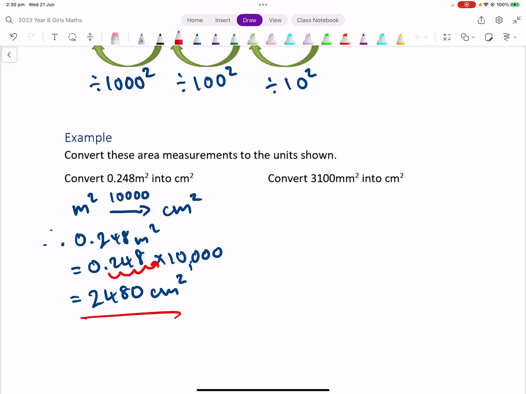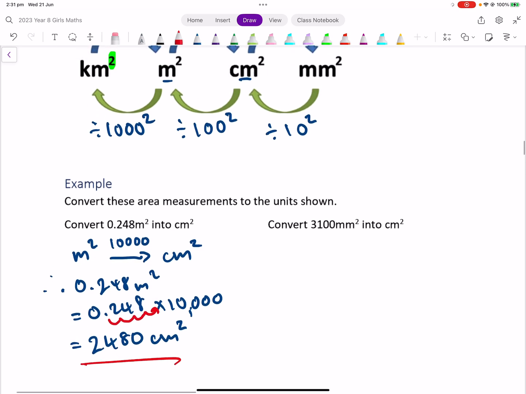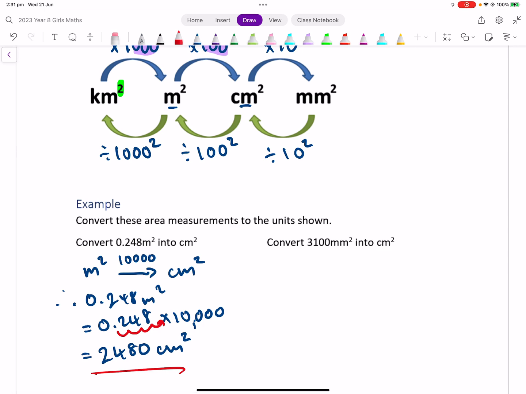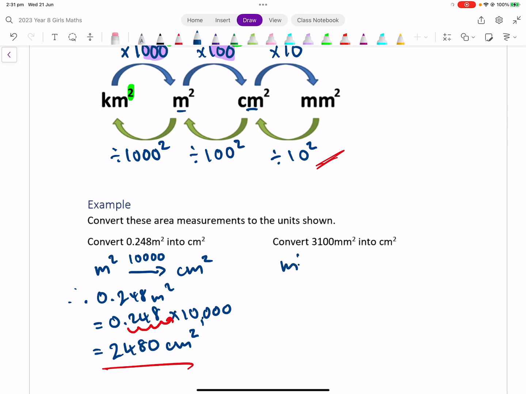Let's do another one. Convert 3,100 millimetres squared into centimetres squared. All right, let's look at our diagram. Where do we get millimetres squared? It's the bottom right. It's this guy here. Okay, so we write millimetres squared to centimetres squared. We're going to divide by 10 squared, which is 100.